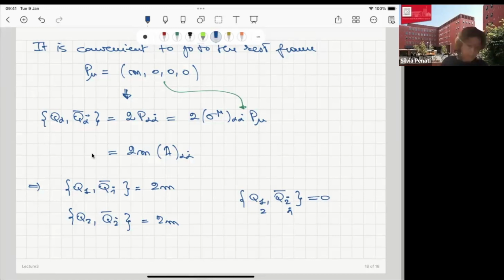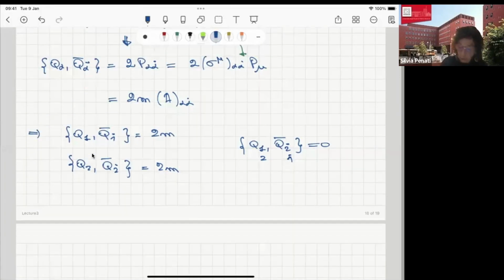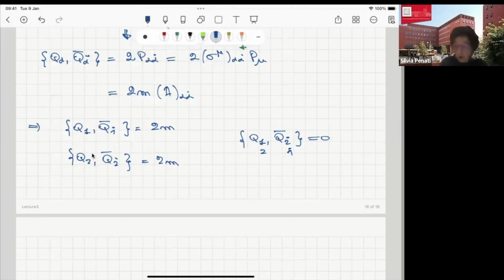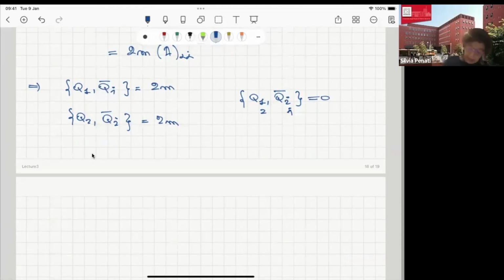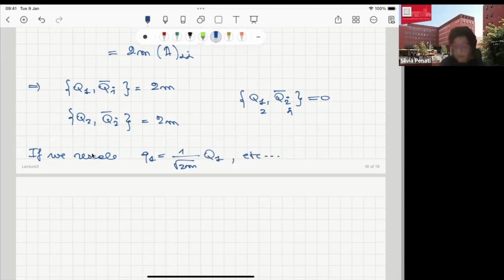Okay, so basically what I find is a set of two disjoint algebras of operators. And if we rescale Q and Q bar by 1 over square root of 2M, so we define a small q1 given by 1 over square root of 2M, Q1, and so on for the others.